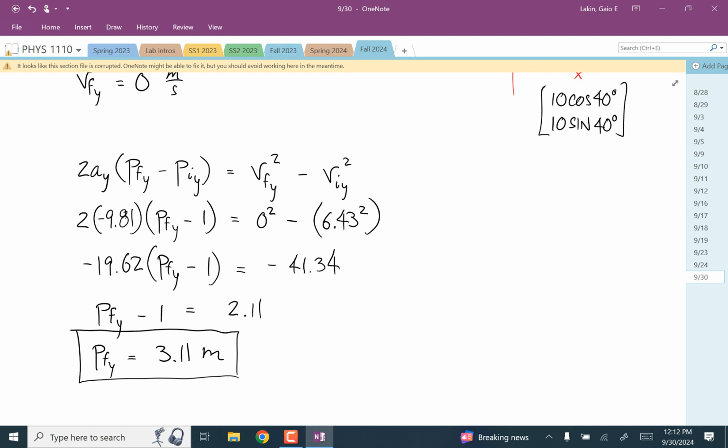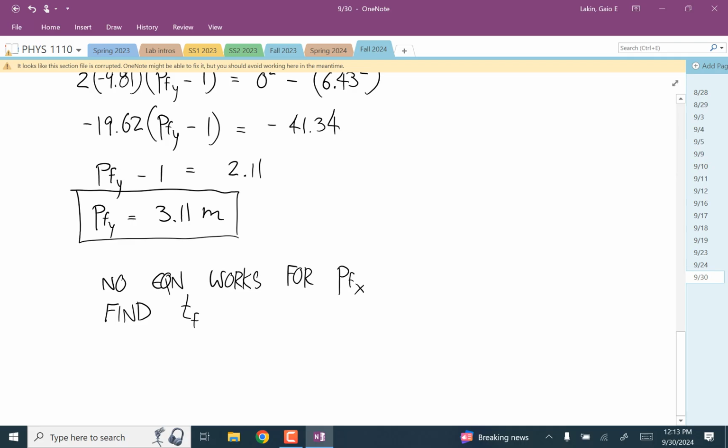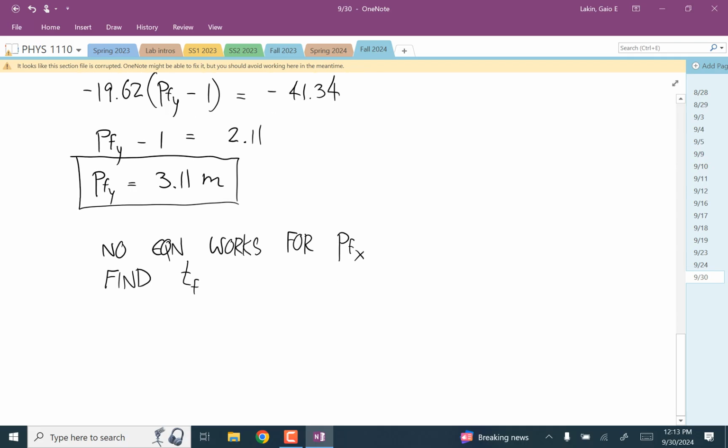All right, so now we want to calculate Pfx. Is there an equation that lets us calculate Pfx? It turns out there isn't one. So no equation works for Pfx, and so we want to find Tf first. I think the equation we can use for that is Vfy is equal to Viy plus Ay Tf.